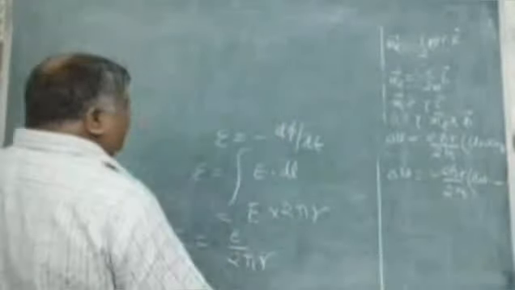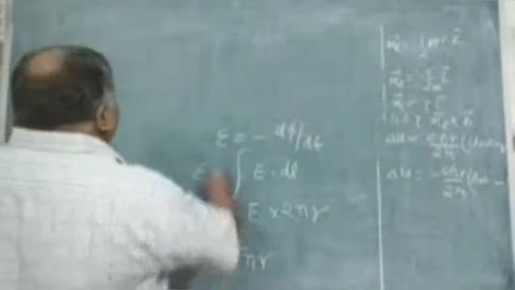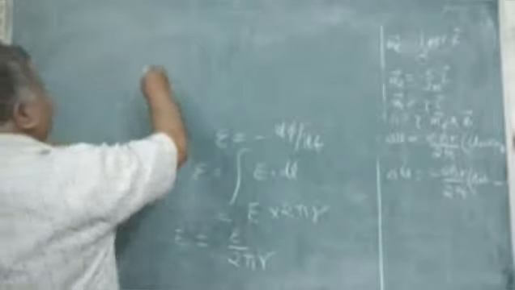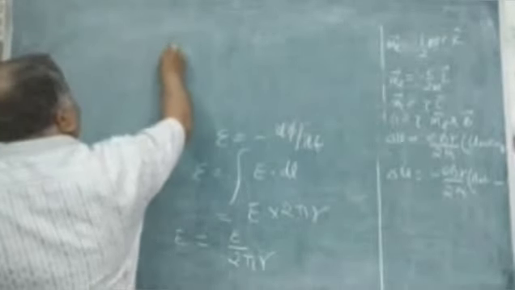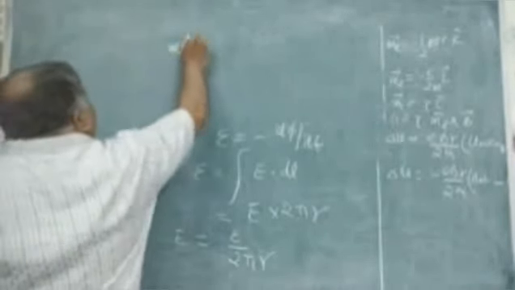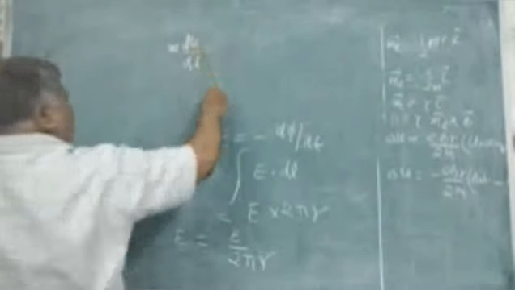Now you have E over this, and EMF is again minus d phi over dt. Now equation of motion of moving charge, that is electron, is m dv over dt equal to eE.